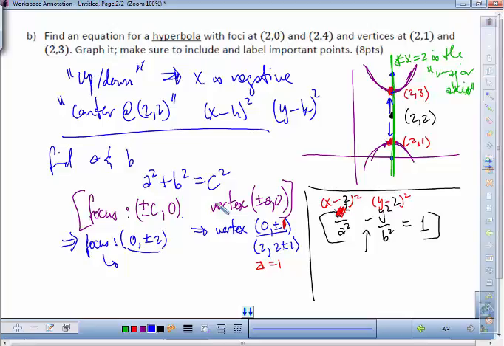Now if you shift it at 2, 2, this would be a 2, comma, 2 plus or minus 2. So that gives the 2, comma, 4 and the 2, comma, 0 as the focus points. And that gives us our C value. And then that'll help us find what B is equal to.